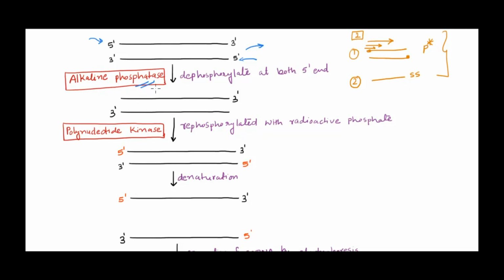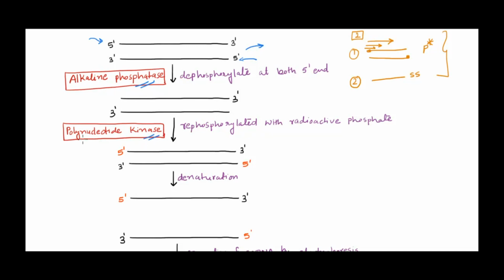I hope we all know this. So we will use alkaline phosphatase that removes the phosphate from the 5' end. So it will dephosphorylate at both the 5' ends. Now we have the DNA without the 5' end phosphate. Now we'll add our radioactive phosphate. And to add phosphate, we need kinase enzyme, that also we are clear about.